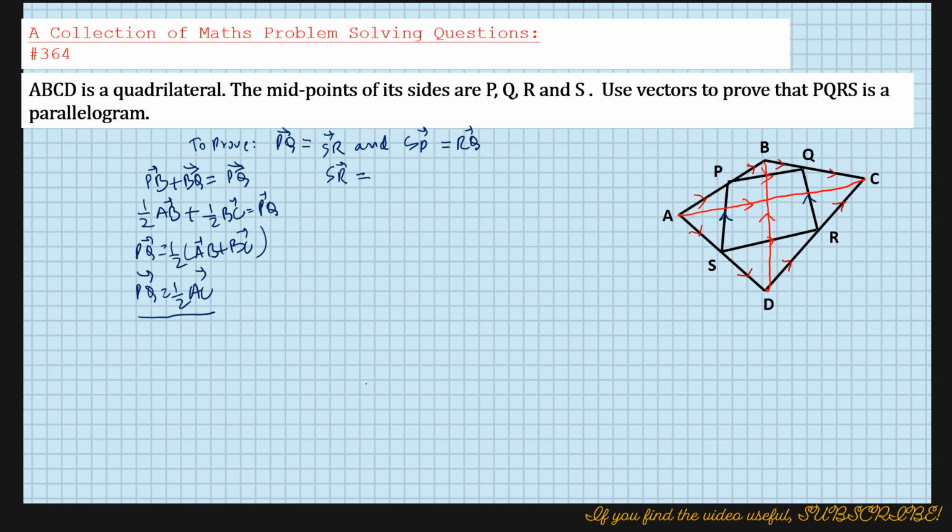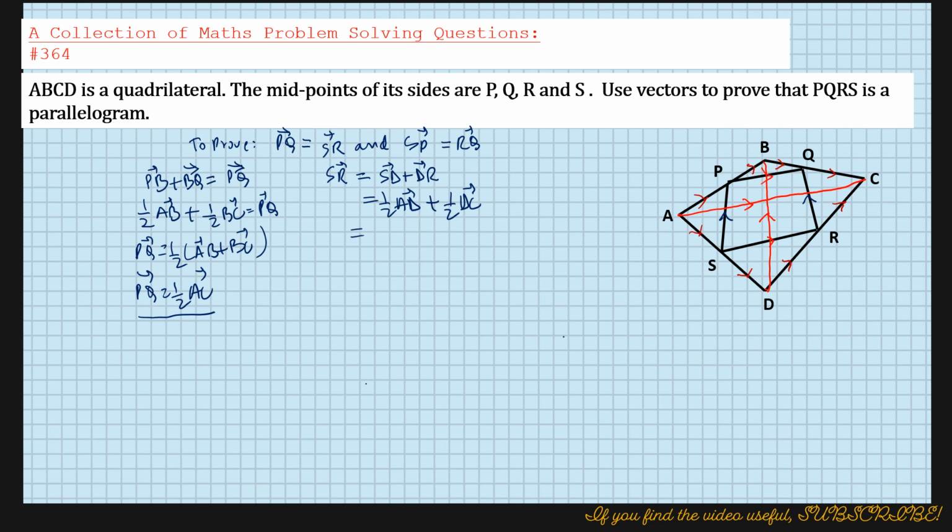Now I can say the same about SR. SR equals SD plus DR. So SR would equal SD, which is half of AD, plus DR, which is half of DC. Not CD, DC, because of the arrows.